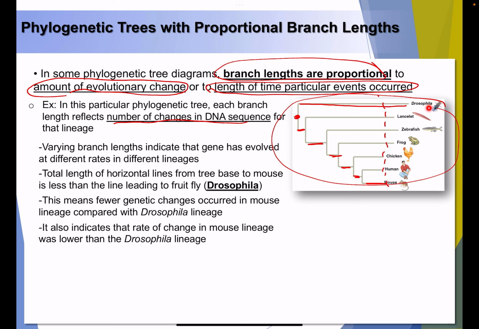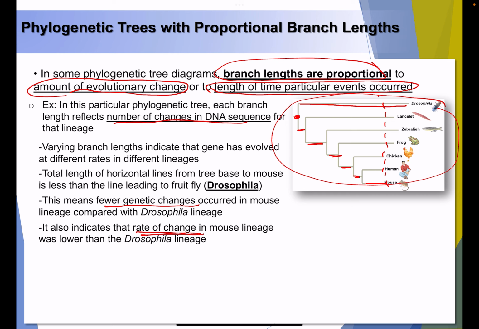So this means that fewer genetic changes have occurred in the mouse lineage compared with the Drosophila lineage. It also indicates that the rate of change of DNA in the mouse lineage was lower than that of the Drosophila lineage.